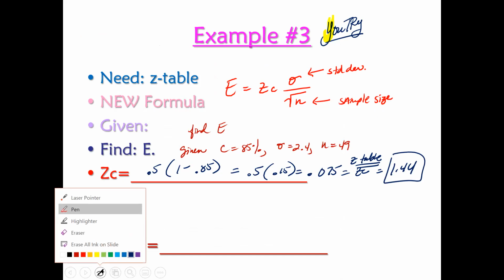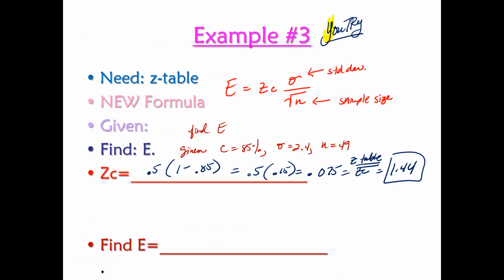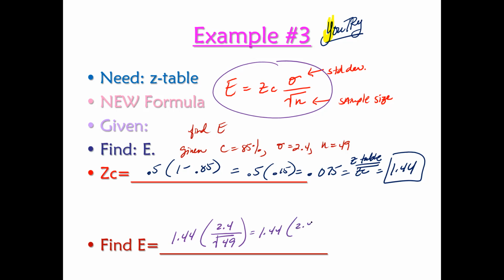Then to find the E, I'm going to go ahead and use this equation here. So my E is equal to 1.44 times the standard deviation of 2.4 over the square root of the sample size of 49. Square root of 49 is going to be a 7. So 2.4 divided by 7. Grab your calculator.